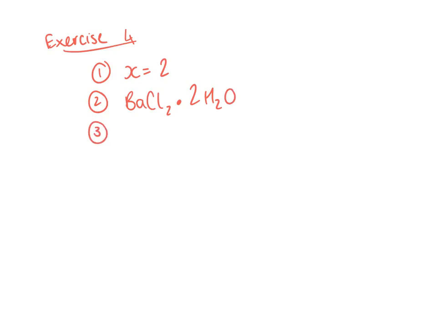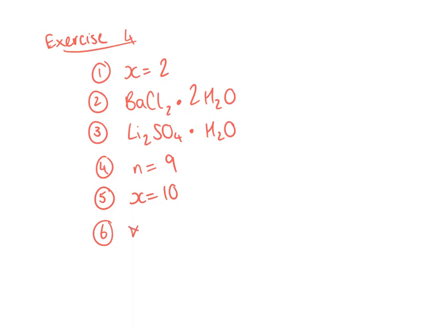Number 3 works out as a ratio of 1 to 1. Li2SO4 dot H2O. Number 4, it works out that N, the number of waters, is 9. Doesn't matter whether it's N or X, they're still representing the number of water. Number 5 is X is equal to 10, your ratio is 1 to 10.